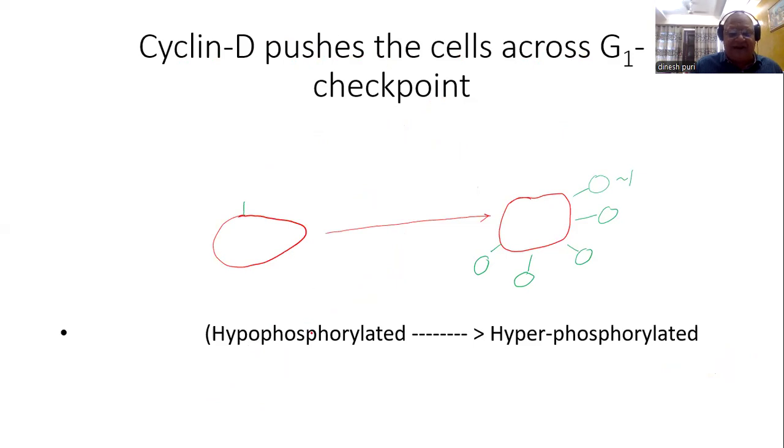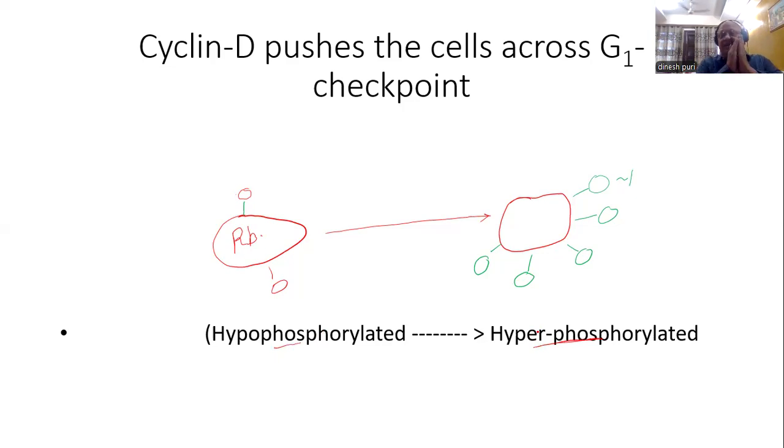But how does it act? Normally, cyclin D, sorry, the RB protein, our anti-oncogene, is in the hypophosphorylated form. I'm showing that this circle is the phosphate group, so there is very little phosphorylation. What cyclin D does is convert hypophosphorylated to hyperphosphorylated.